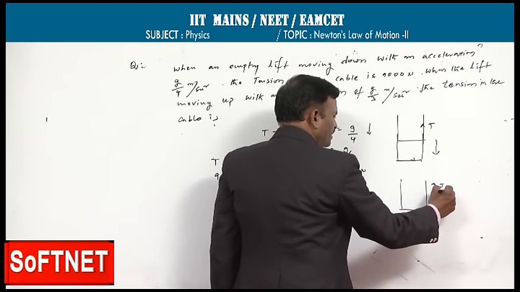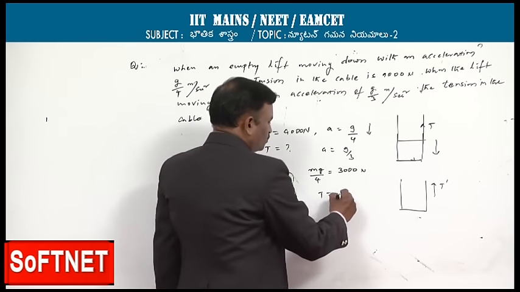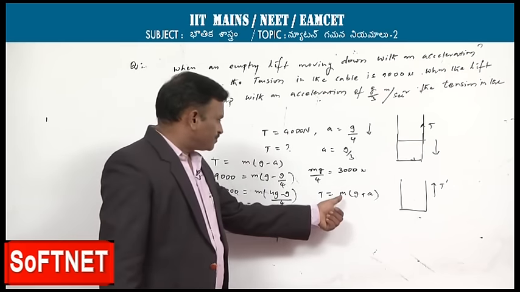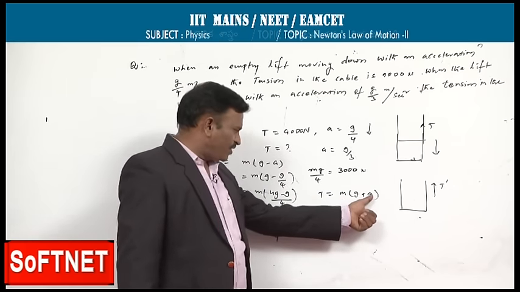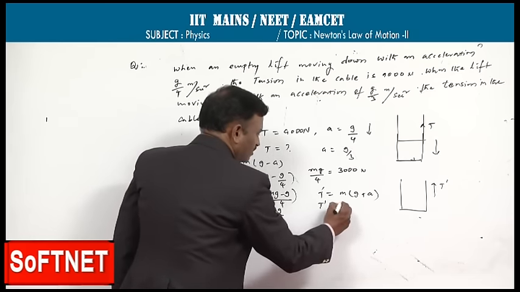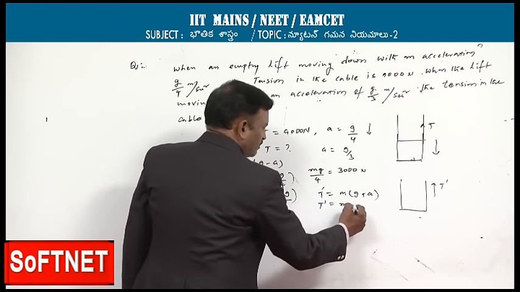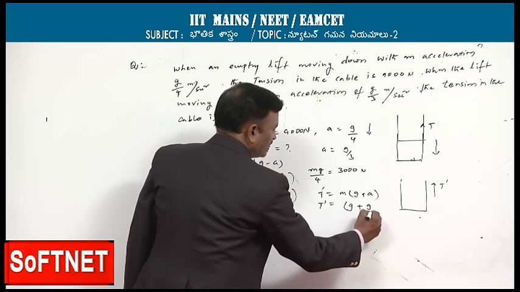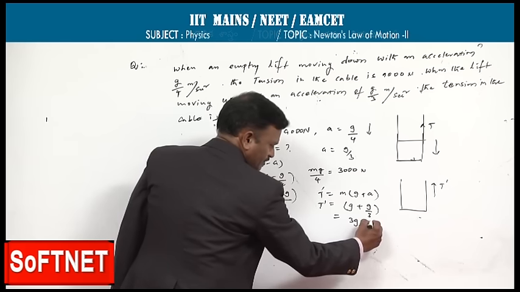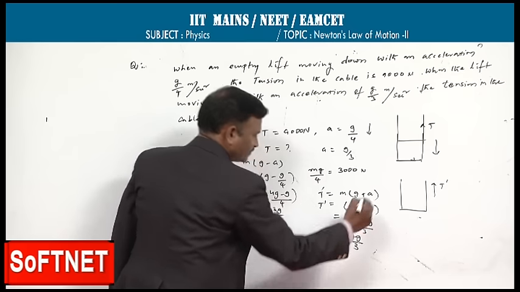When the lift is moving up, let us assume tension T dash is equal to m into g plus a. The thing is here, m we don't know, only g we know, but we want T dash. So how to find it? T dash equal to m into g plus a, which is g by 3. So (3g plus g)/3, that is 4g by 3.